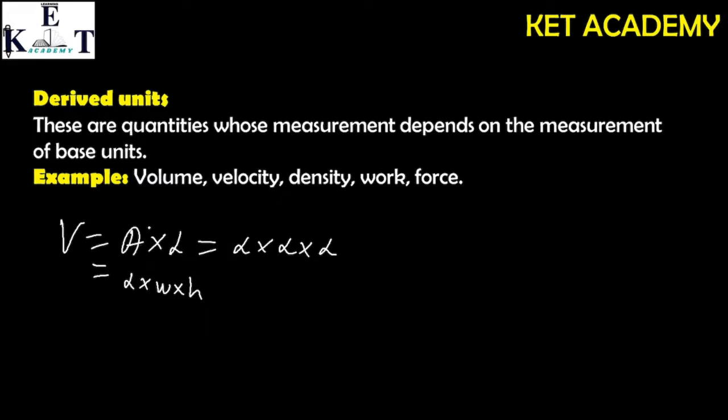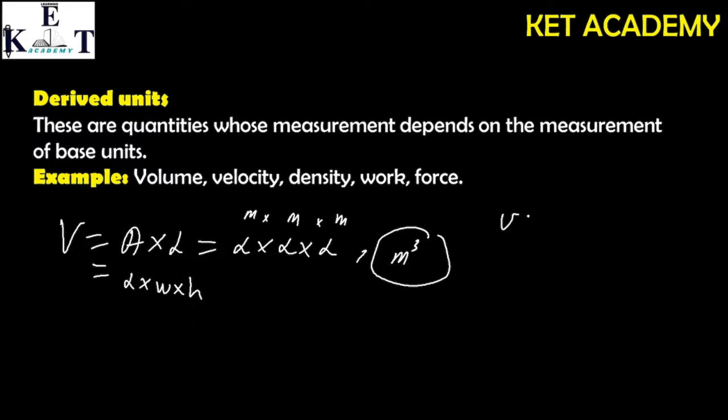Therefore the unit of volume is meters cubed, and this meters cubed actually comes from the base unit of length, which is meters, multiplied three times. So basically volume is a derived unit because it comes from the base unit of length.